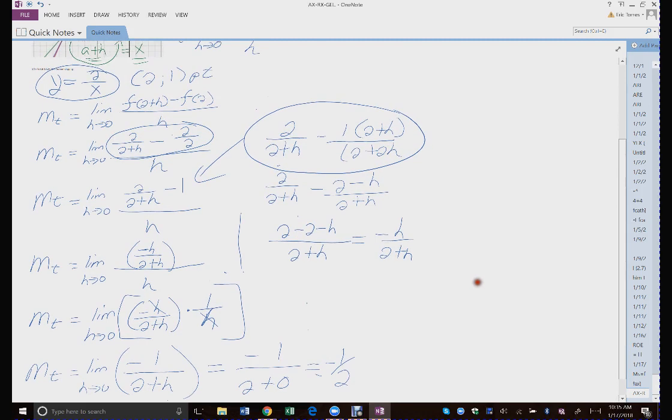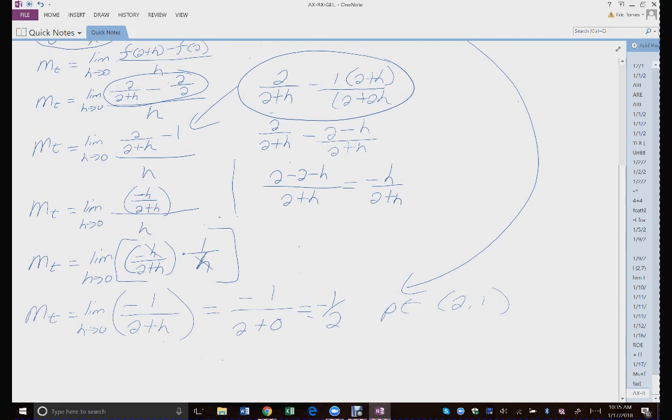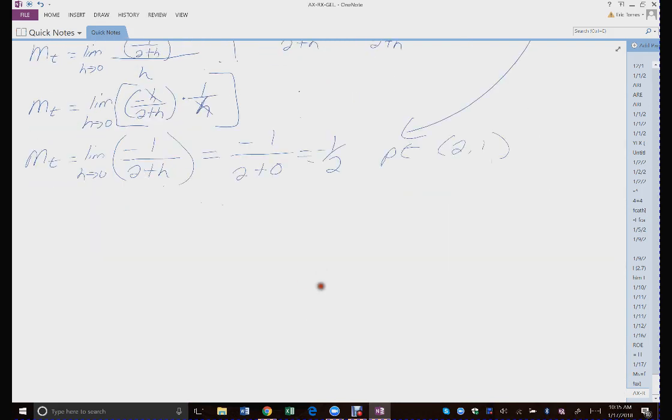And let's remember, I had a point 2, 1, and now I have a slope. So my point is 2, 1 with a slope of negative 1/2. That is all you need to come up with an equation of a tangent line.